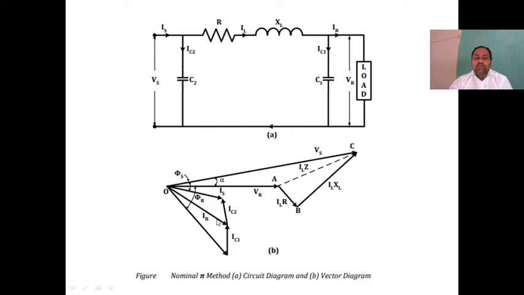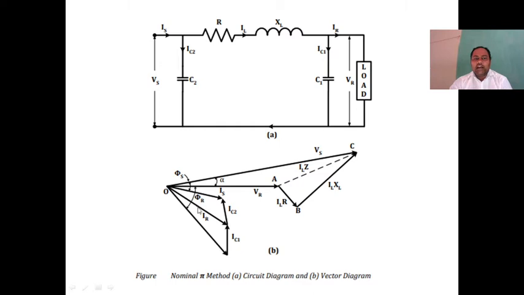From this, next is IC2. How do you draw IC2? It is also a charging current, always 90 degrees. So draw the IC2 current. Observe carefully: the sending end current is the vector sum of IL plus IC2.